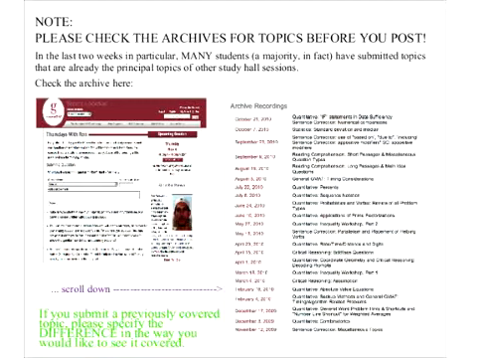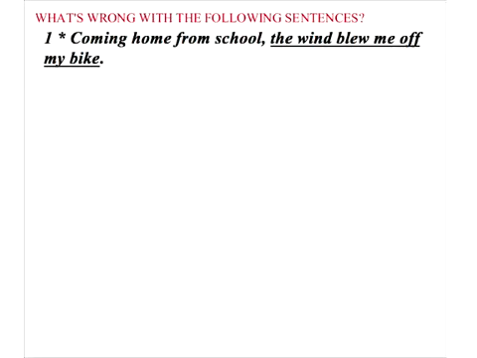All right, let's take a look at the following. Who knows what's wrong with the following? I mean, it says sentences because there are more than one on the slide, but right now you can only see one. Text box, please. Who knows what is wrong with the sentence on this slide?